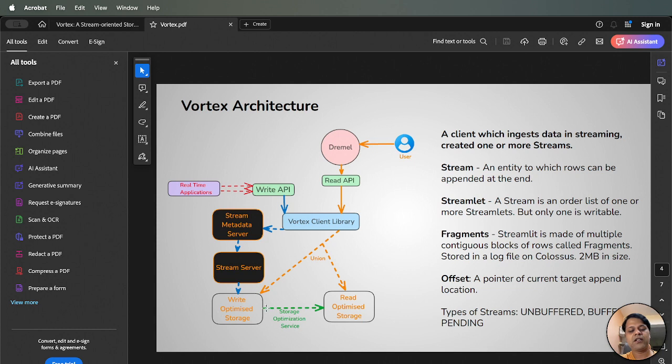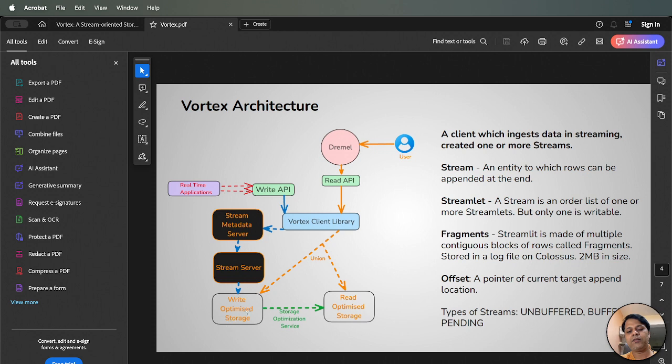When the data is committed in the write-optimized storage, there is a storage optimization service which reads the committed data from write-optimized storage and writes to read-optimized storage, which is again Colossus. We will see the implementation of these in the paper.